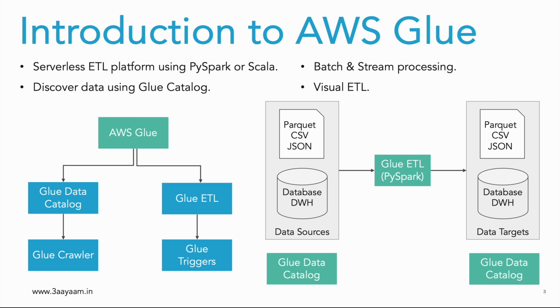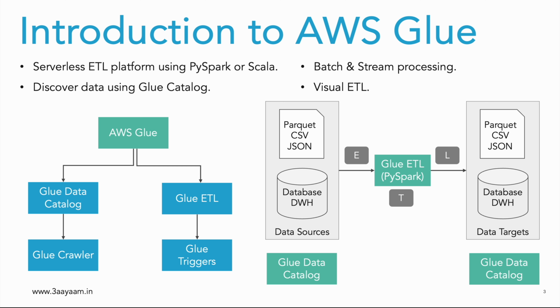So when it reads from the data sources, it is E, which is extract, and the transformation done by PySpark is T, that is transformation, and then finally the transformed data is saved in the data targets, which is the L part, or the load part. That's why Glue is known as serverless ETL using PySpark and Scala.